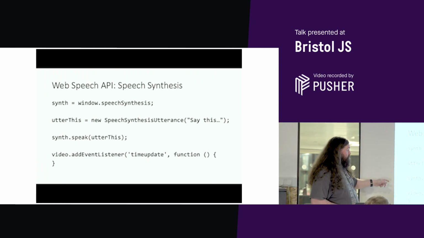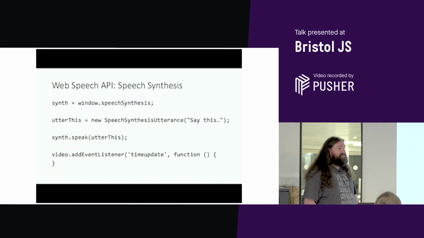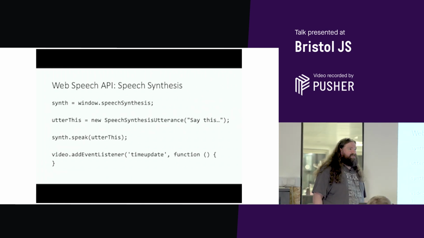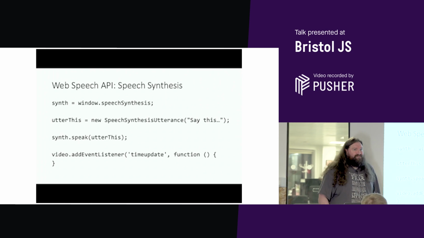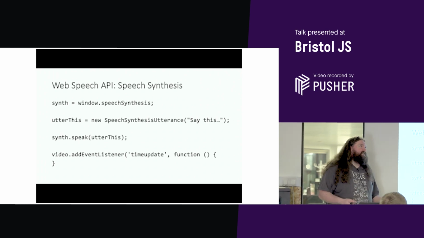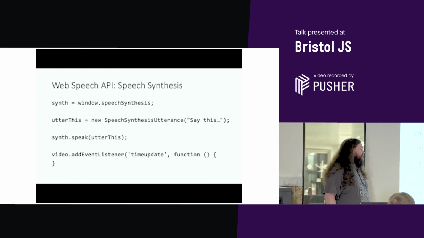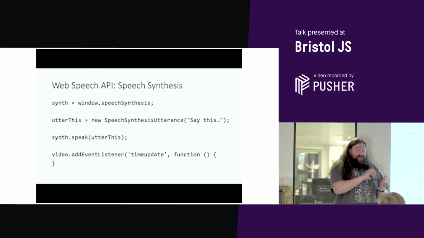And then I've just tied it to the video with an event listener on the time update, which I can't remember what the hertz it runs at, but it depends on your system. It's every 0.3 of a second, so you're probably going to get that sort of accuracy from that. It just updates basically every time the timestamp updates in the video player.